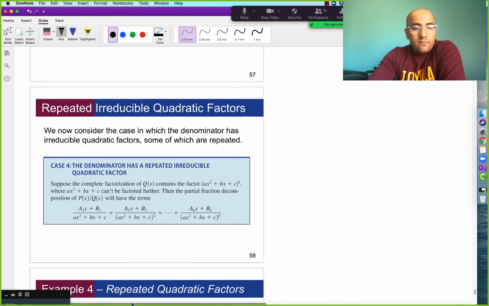Except that now we don't just have constants in the numerator, we have a linear expression for each one of the numerators. As you can imagine, these things get really nasty. So once we get to this level, you really wouldn't be asked to actually solve it.